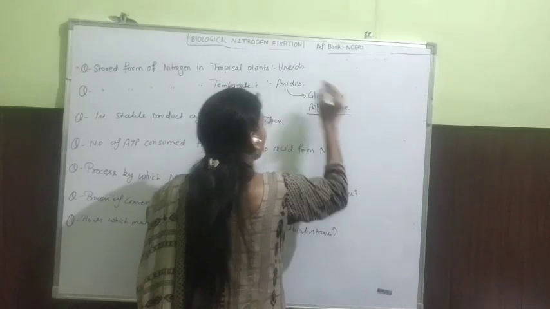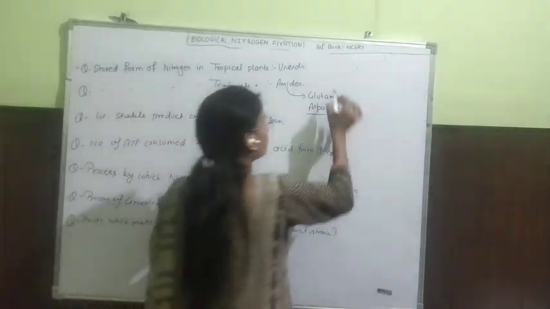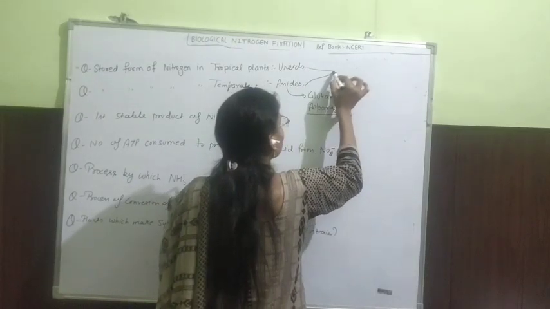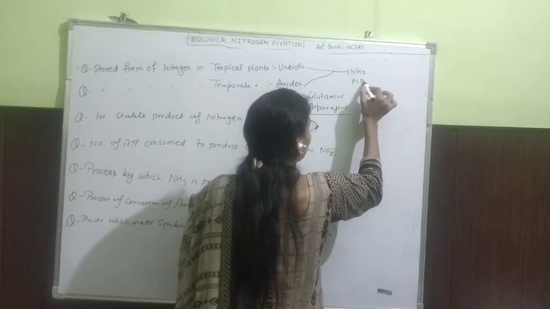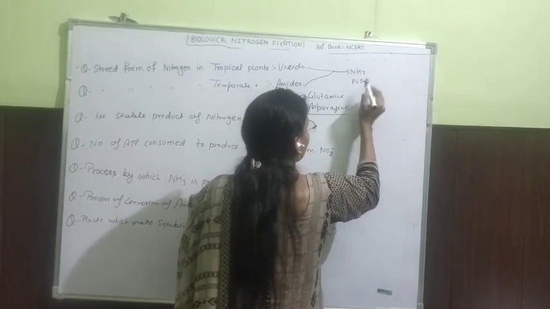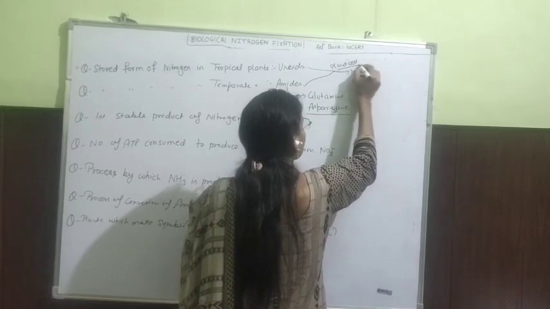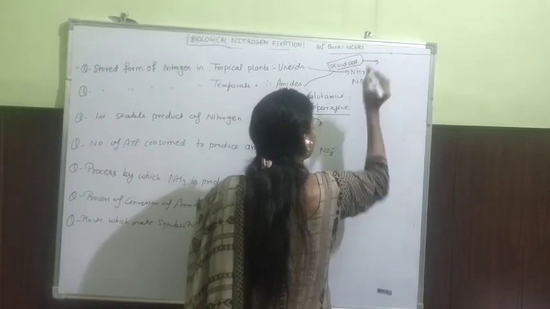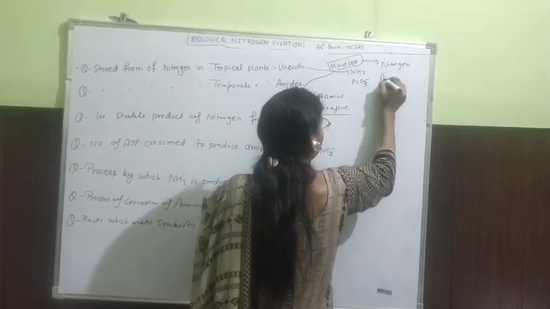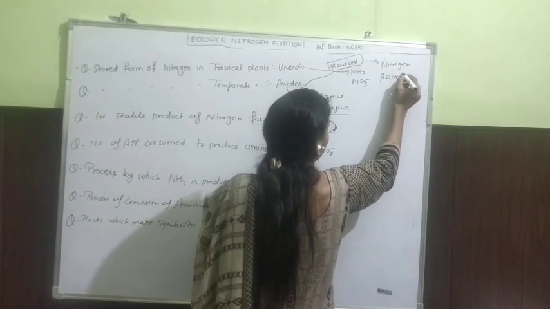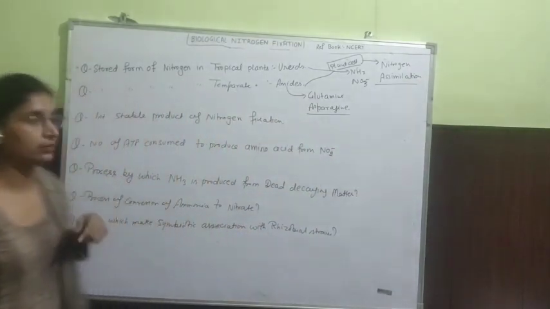One more thing, after nitrogen fixation, when these ureides and amides are produced from the ammonia, from the nitrate in the plant cells, this is called nitrogen assimilation.